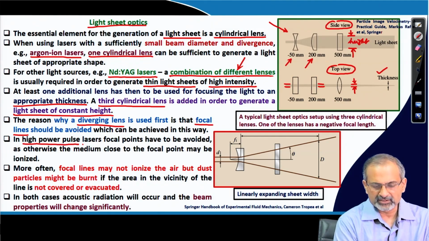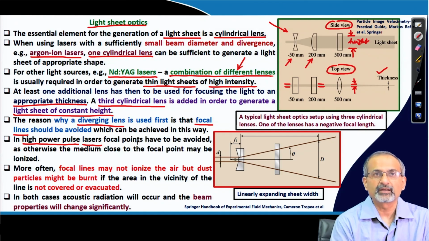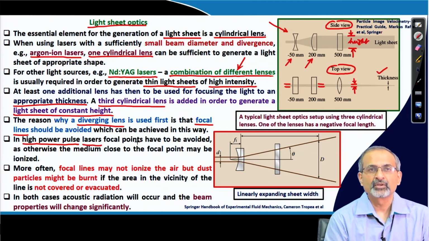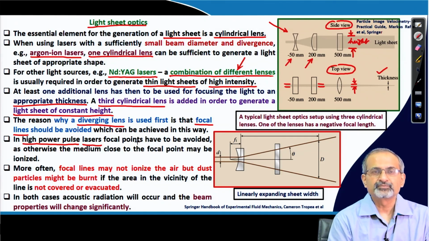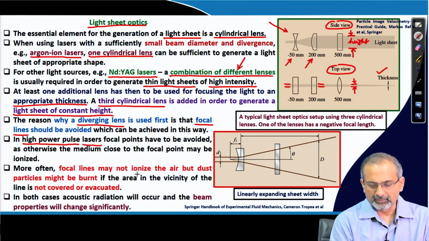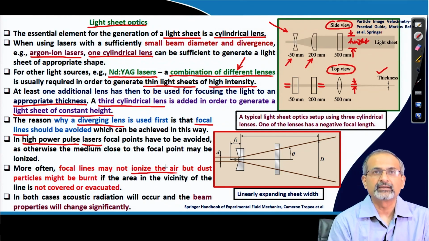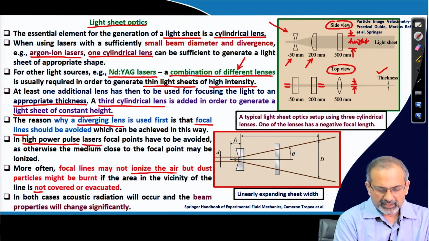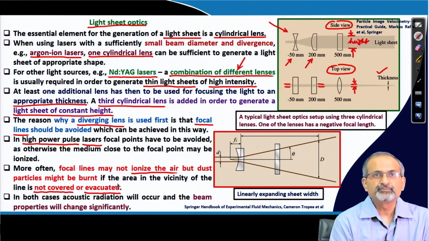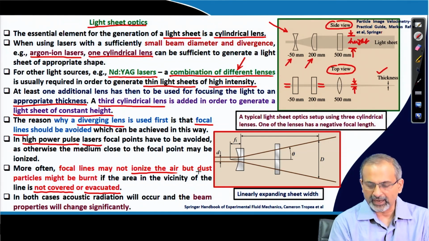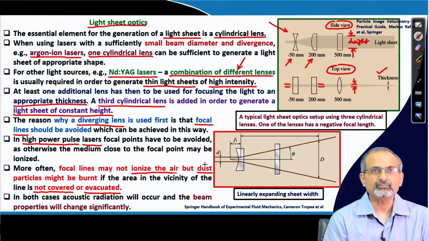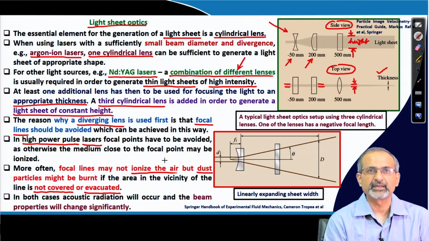Especially in high power pulse lasers, the focal points have to be avoided, because at those locations the medium gets excessively heated, and focal lines may not ionize the air, but they would certainly burn the dust particles which are there in the medium, and you need to cover that region well through which the light sheet is moving or evacuated, so that you can avoid such happenings. And of course, using a diverging lens reduces that problem to a significant extent.